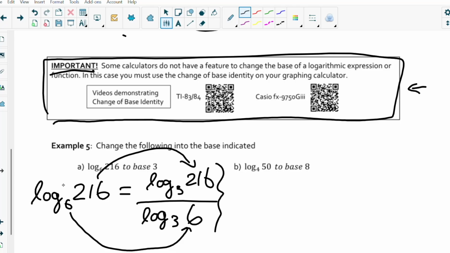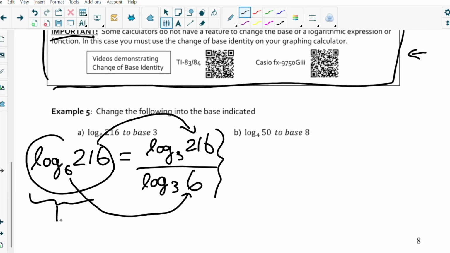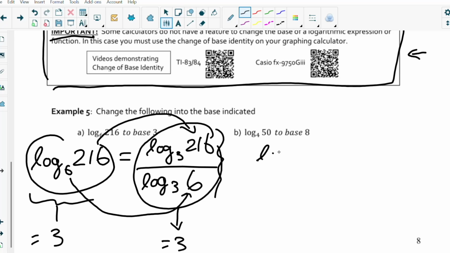Pause here, do this on a calculator, and make sure it equals this. Log base 6 of 216 is 3. If you do this on your calculator, this equals 3. Change of base identity works.